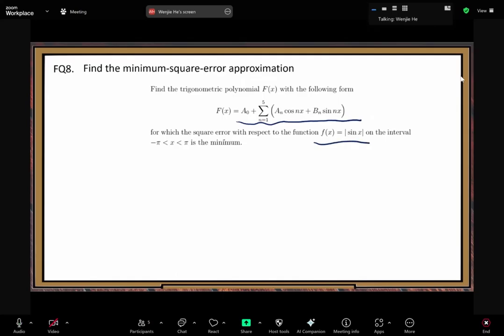We have a theorem on minimum error, so then you get a conclusion. Also pretty easy. This question is just some relatively simple calculation.